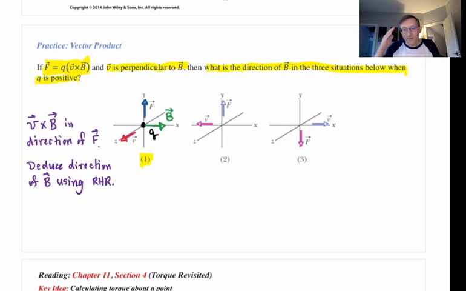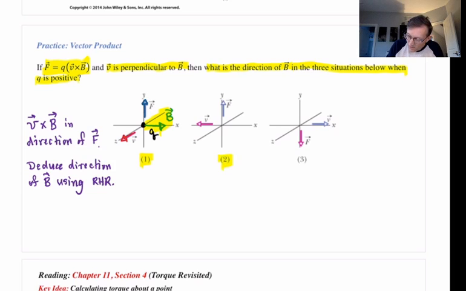Because you got to take your right hand, thumb extended like you're going to hitchhike, fingers extended along V. That's the first vector, V cross B. Fingers along V, and with palm facing B, and then push with the fingers of your right hand V on top of B. And you will find that B must be along plus X. And then you will get your thumb pointing up along Y. Okay? So in the first case, the B must be along plus X. Practice again, please. Pause the video. Look at case 2.